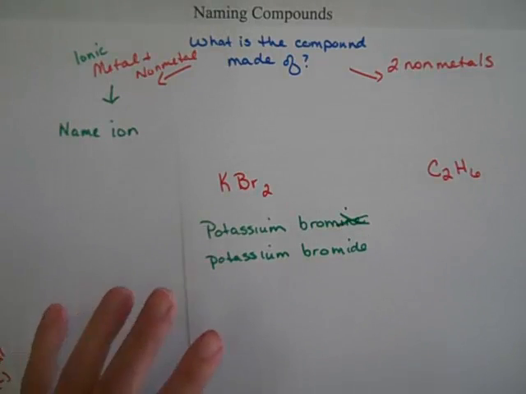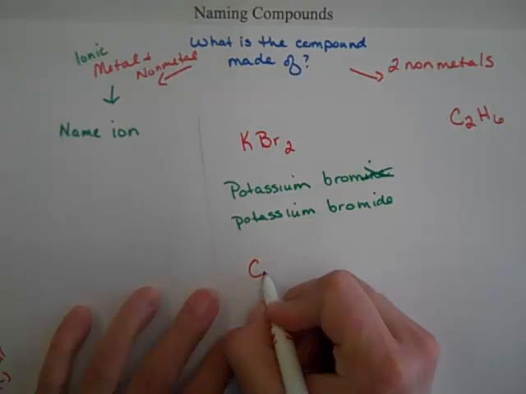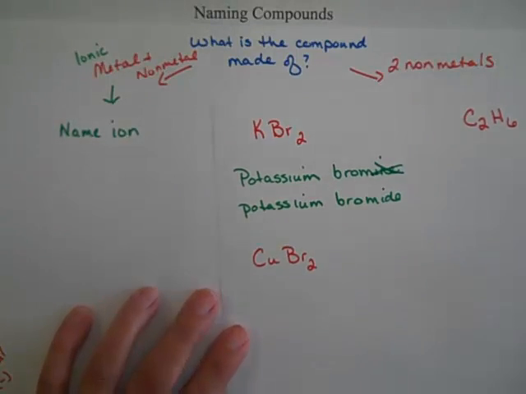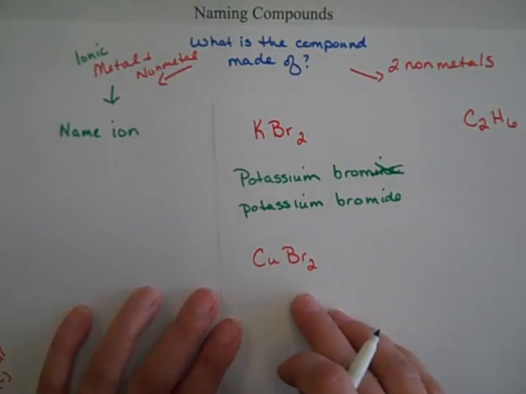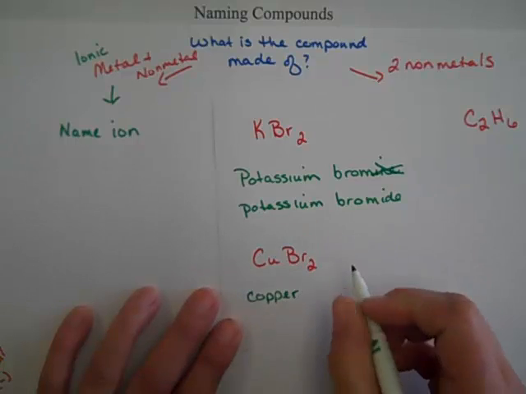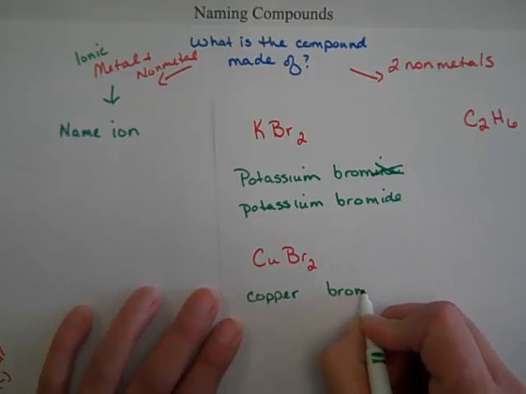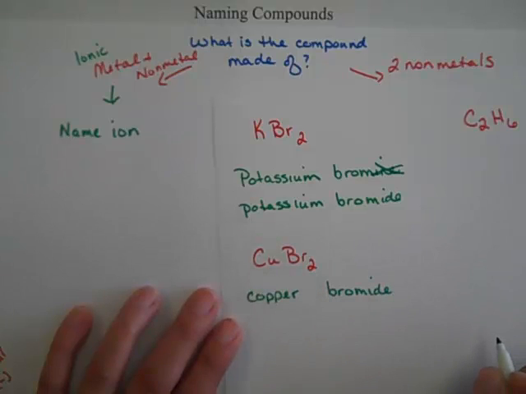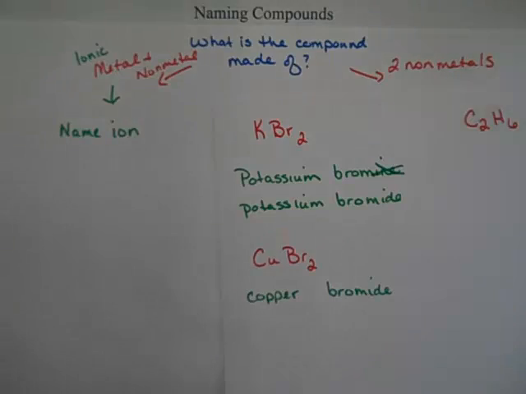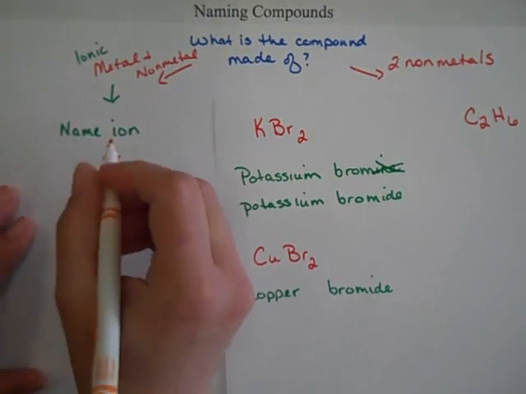Now, what if we have this one? What if we have copper and bromine? This one is a little bit different. Our potassium bromide, we're done. But if we have copper bromide, we have copper, same thing, we're going to change the ending to IDE. But what we need to look at here is the cation, is it a transition element?